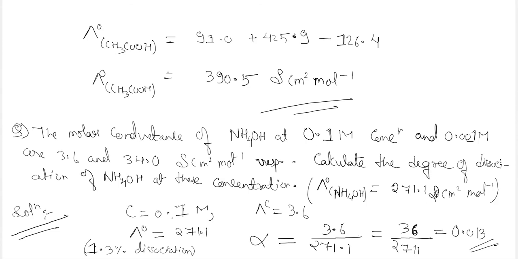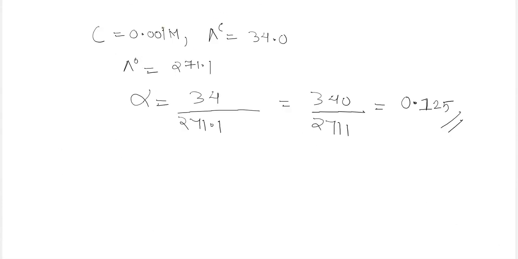And when the concentration is 0.001 molar, the percentage is 12.5% dissociation. So you can see that on increasing the dilution, the dissociation is higher, and hence the value of the molar conductance is higher.